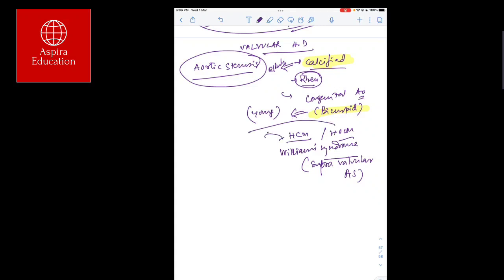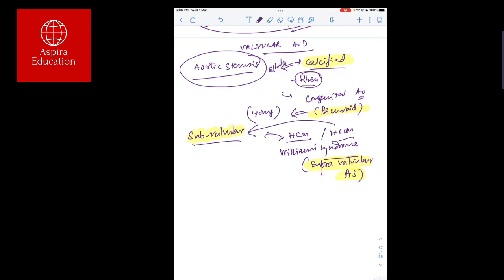In HOCM, the disease is subvalvular. This is also very important nomenclature to remember. Supravalvular AS is more or less congenital, Williams syndrome. HOCM-associated AS is usually subvalvular because asymmetric septal hypertrophy changes the LVOT. Remember this for your exam. Once again, HOCM is associated with subvalvular. This is the second thing, which is extremely important.